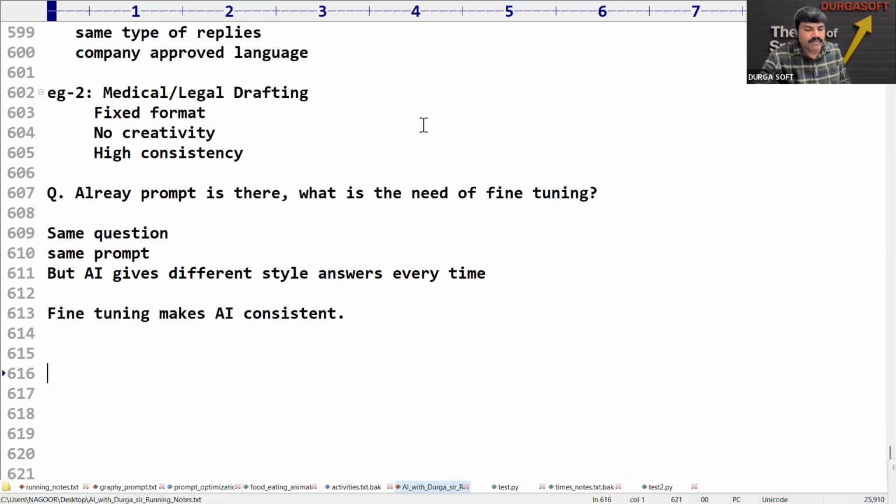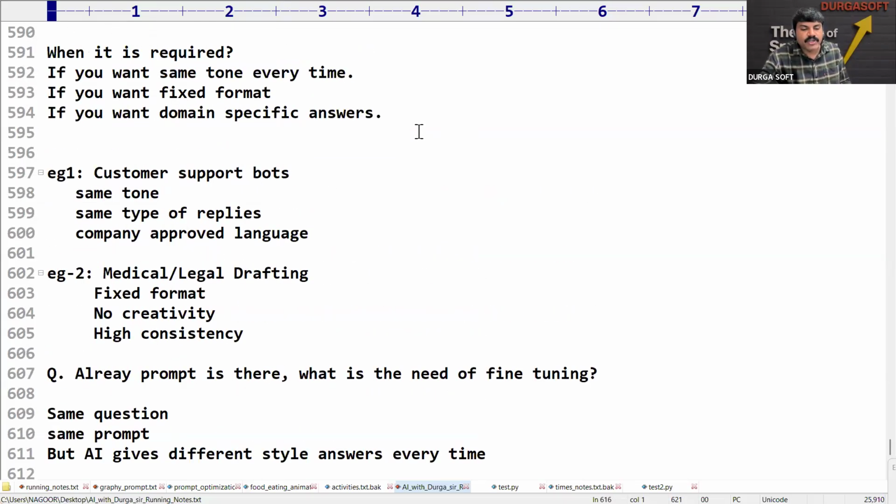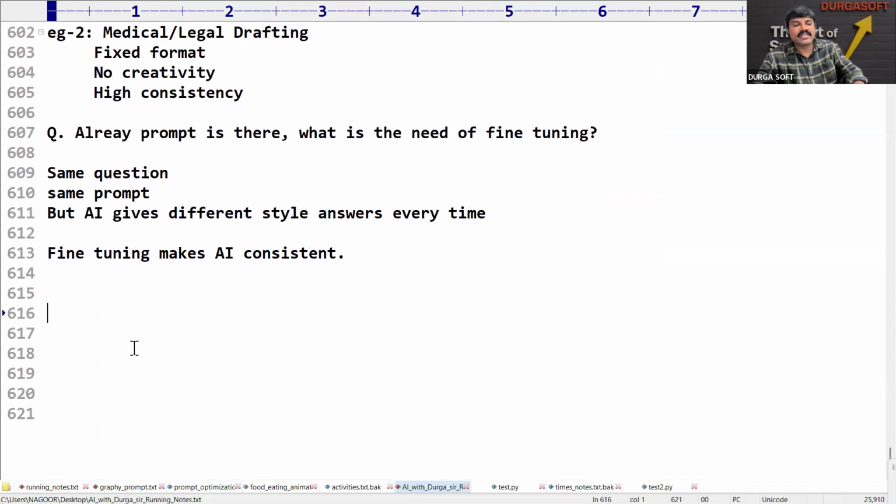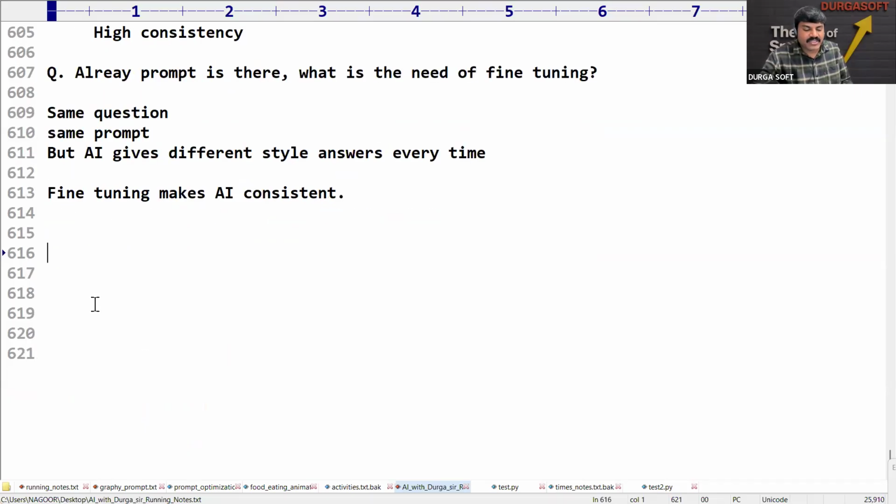If you want the same tone every time, if you want a fixed format, if you want domain specific answers, happily you can go for it. Because of fine tuning, is the vocabulary size going to be changed? No. Is the context window size going to be changed? No. The model is not going to be changed.